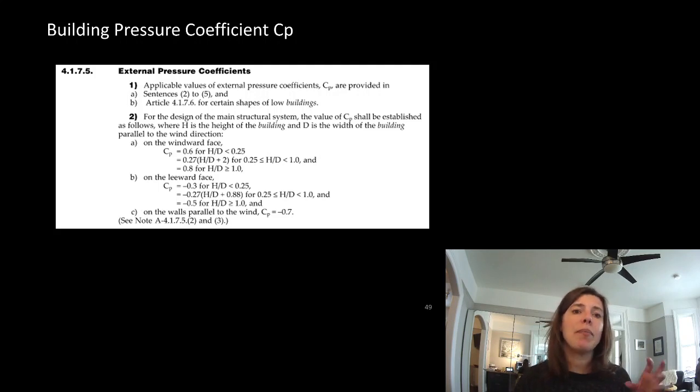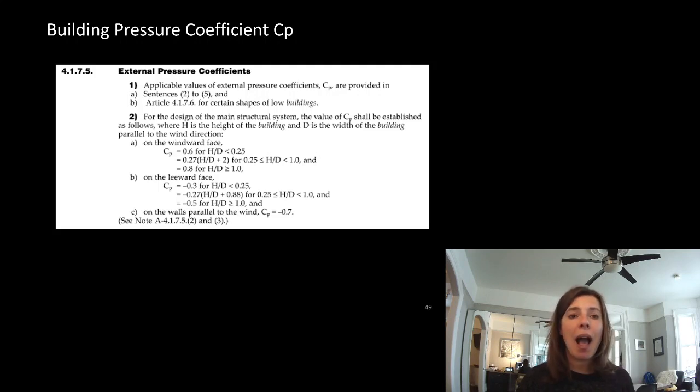But many of the buildings that I would have treated as a low-rise building now need to be classified as a high-rise. I had a small laneway house that I was designing recently, and the architect and the builder were so mad at me because the wind stipulations were so intense because of this new clause change that made a laneway house classified as a high-rise.